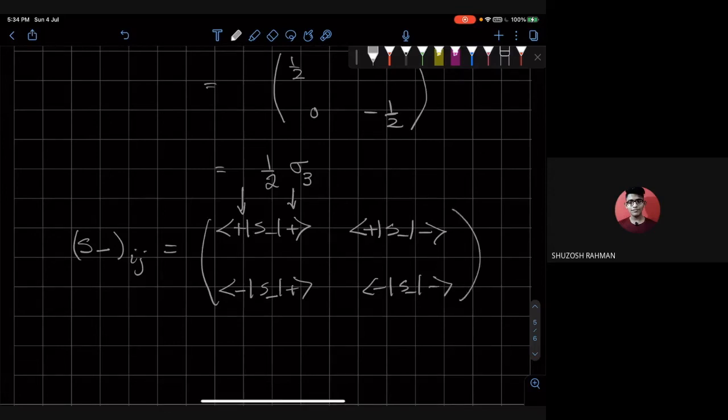Now you know that S minus acting on minus is going to give you 0. Now S minus acting on plus is going to give you minus, but this is orthogonal to this thing, so this is going to be 0.